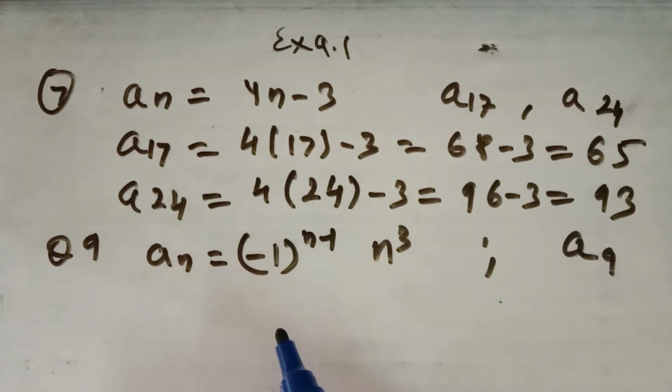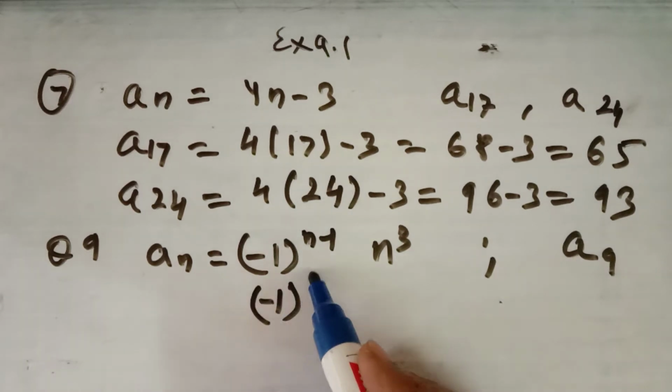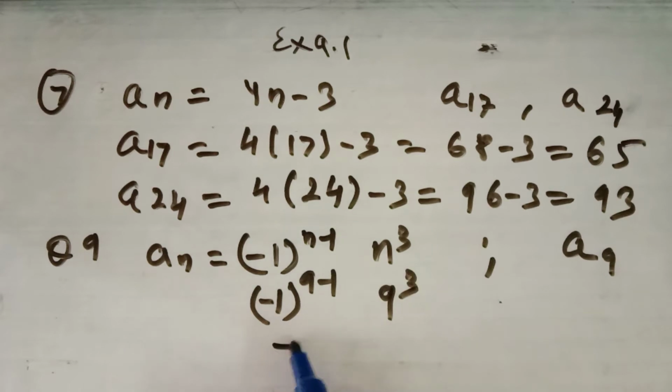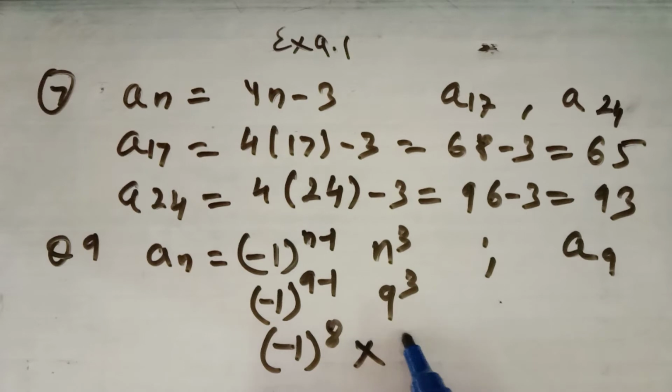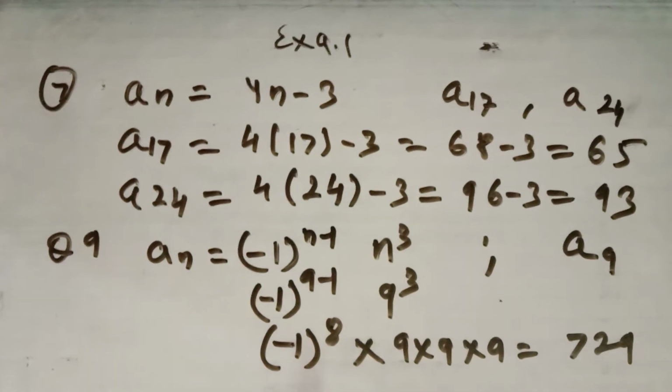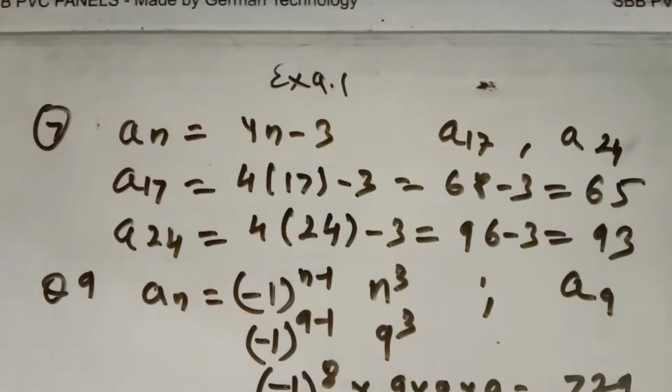So you have to simply replace the value of n by 9. So minus 1 raised to power 9 minus 1 and 9 raised to power 3, which comes out to be minus 1 raised to power 8 into 9 into 9 into 9. You will get 729 positive. So this is question number 9. So from 7 to 10, only the indicated terms you have to find.